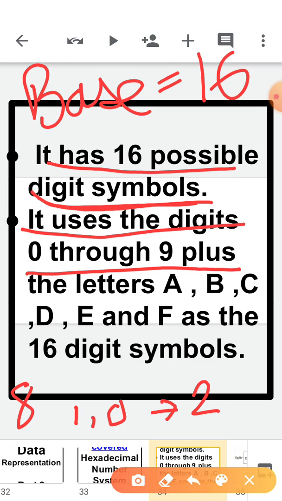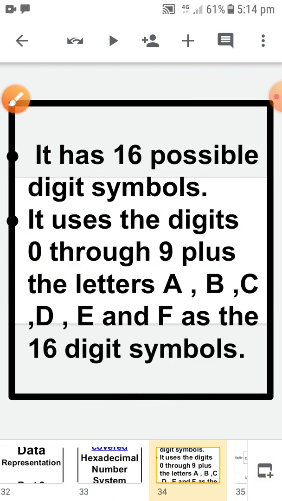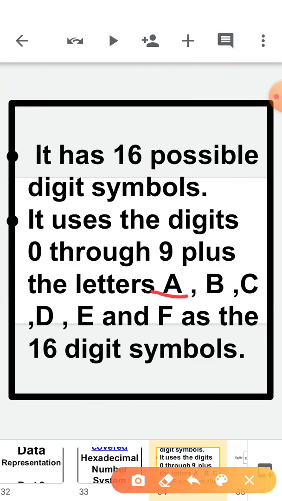It uses the digits from 0 to 9. So when we talk about the hexadecimal system, numbers from 0 to 9 participate, and from the alphabet A to F participate. So what is the meaning of A here? A means 10. What is the meaning of B?